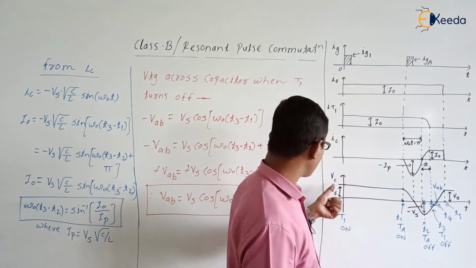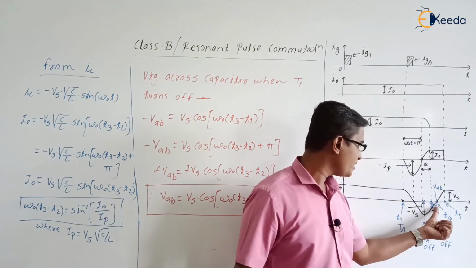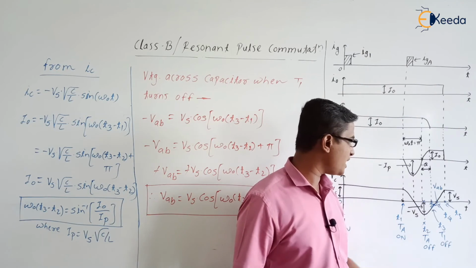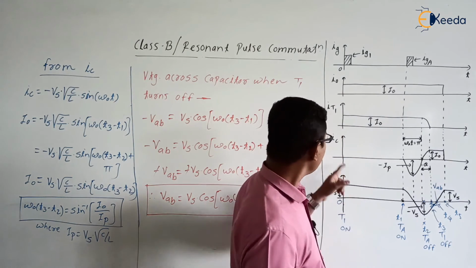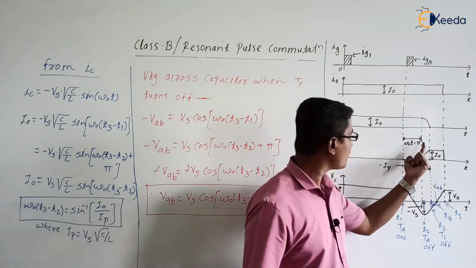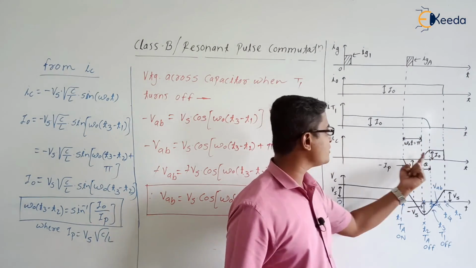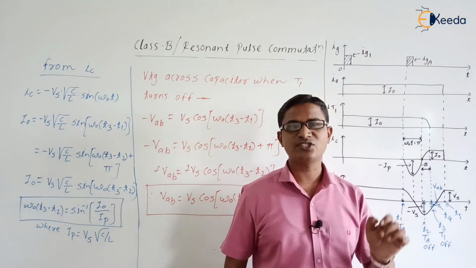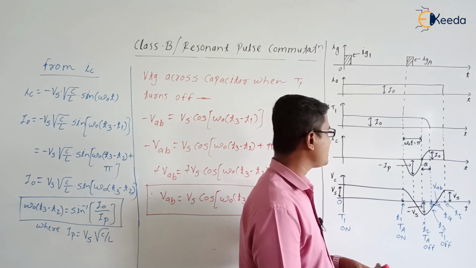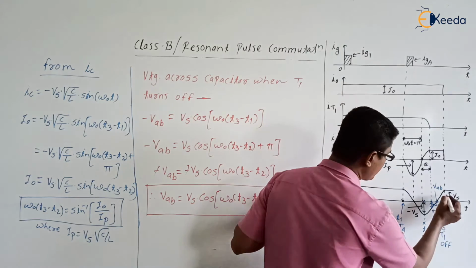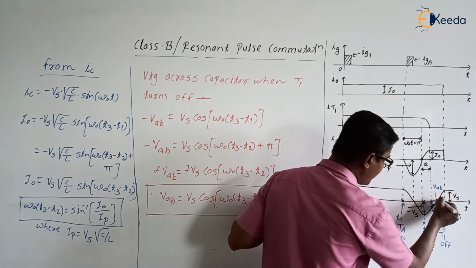After thyristor T1 current becomes 0, IC is constant. So if IC is constant, the VC should be linear.